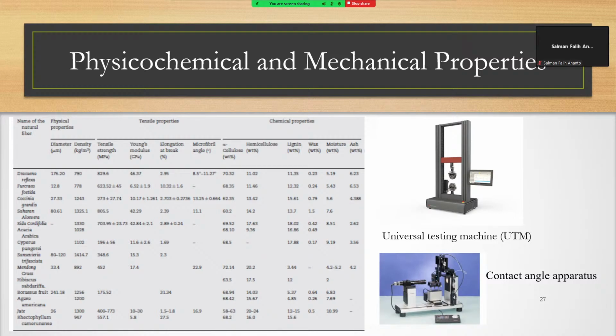XRD, X-ray diffraction analysis. XRD is a non-destructive and rapid analytic technique that is mainly used to identify the crystallographic structure and chemical composition of natural fibers.